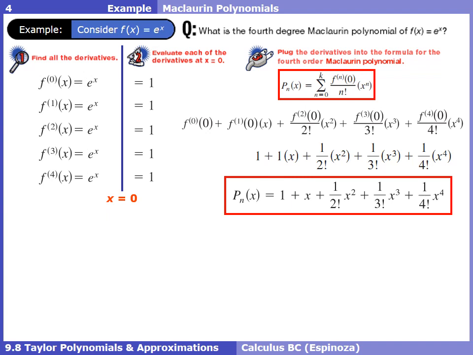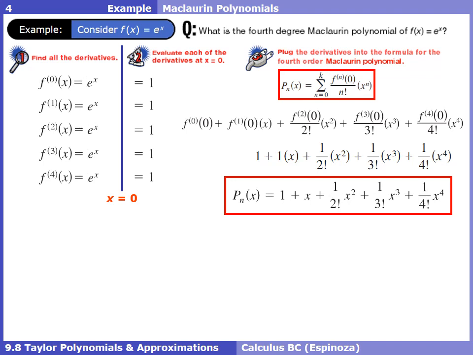And of course, to simplify this, it's nice and simple. It's just going to be 1 plus x, and I'm going to go ahead and leave the factorial notation. Sometimes there are multiple choice answers on the AP test where they'll multiply it out, and sometimes they'll just leave it as the factorial. It actually doesn't really matter if you multiply that out or not. So instead of 2 factorial you could write 2, instead of 3 factorial 6, and instead of 4 factorial you could write 24.